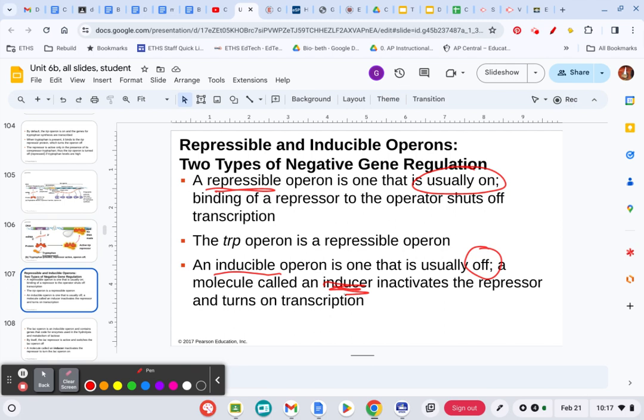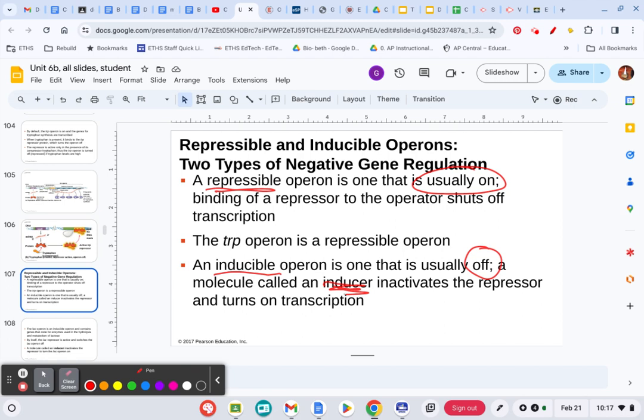Now, the key difference between repressible and inducible is that in an inducible system, it is a series of genes that control the production of a protein or protein products that are usually not needed.